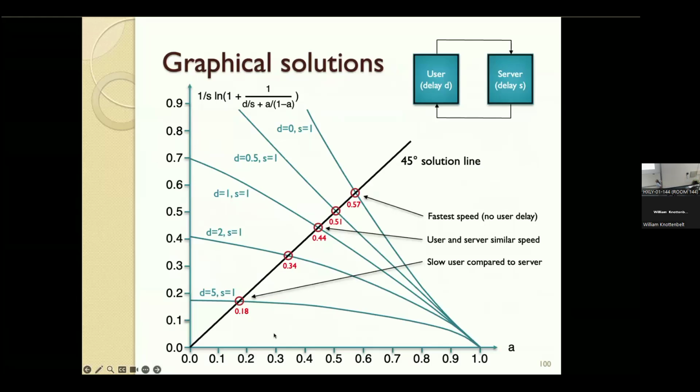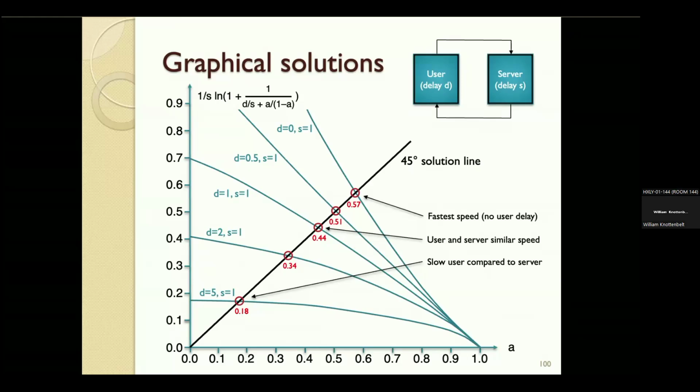Here we have the load A going from 0 to 1. This 45-degree line is where the function is equal to A. And these curved lines are the function 1 over s times the natural log, depending on the ratio d over s. If d is very high and s is very low, then we have a slow user.